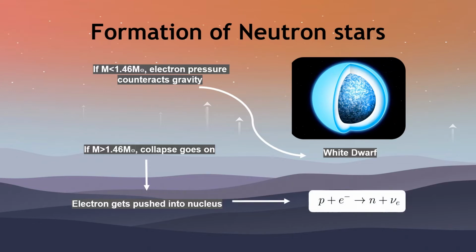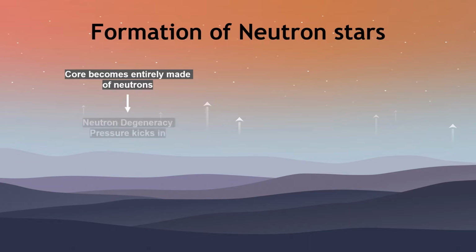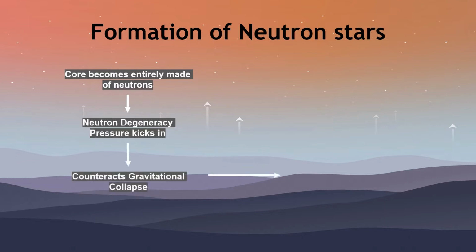This reacts with the protons to form neutrons and release neutrinos. At this stage, we have a perfect neutron core. If the neutron degeneracy pressure can successfully withstand the collapse, we reach an equilibrium. So finally we get the neutron star.